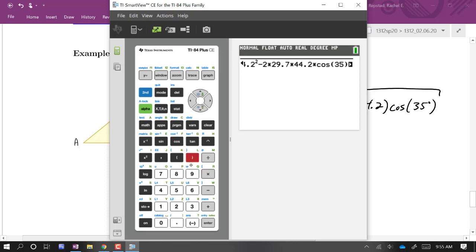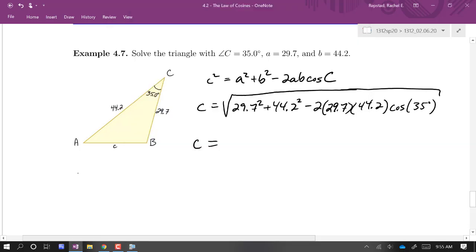I did that subtract the 2ab cosine c twice in the radical, which made it negative, so that was a problem. Yeah, 26.2, it's a side length.